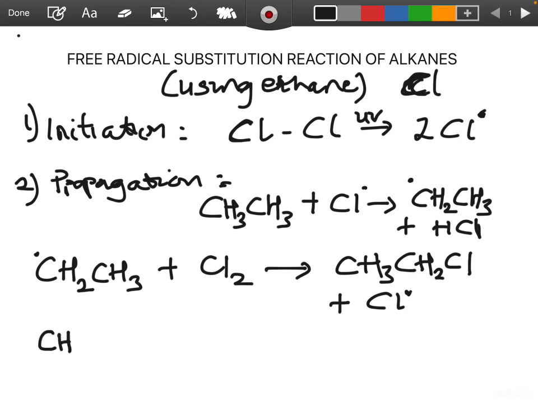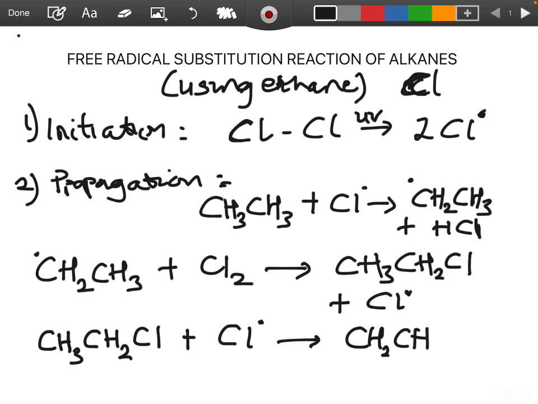Now in further propagation, the chloroethane formed reacts with a chlorine radical to give us CH2CH2Cl radical plus HCl.